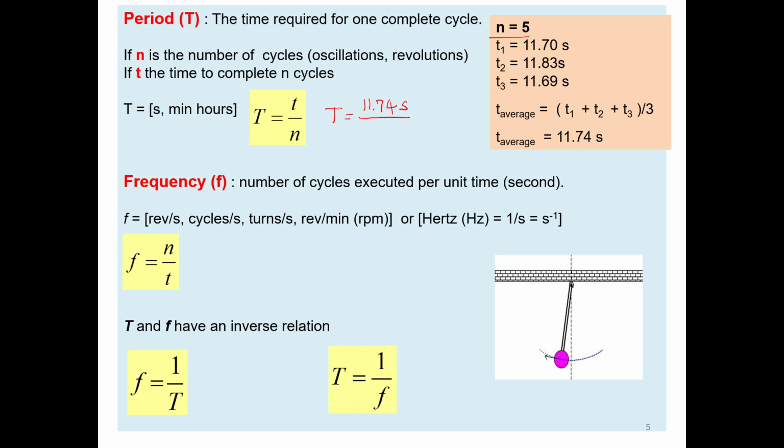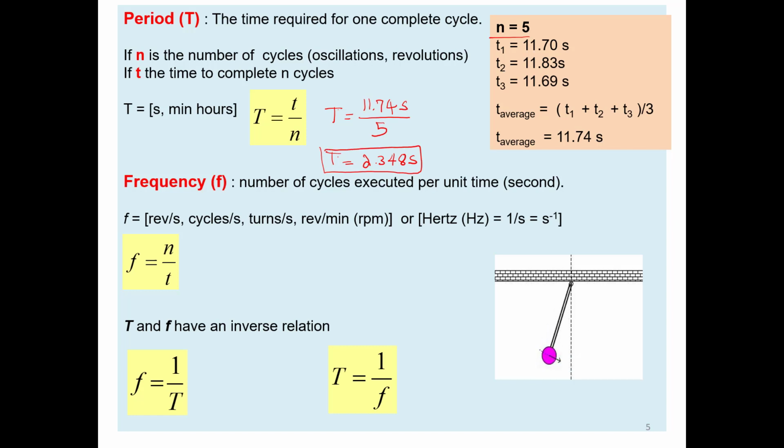In our experiment it is 5. If we divide these two numbers, we will have the period, which is 2.348 seconds, if we keep the 4 significant digits we had there.